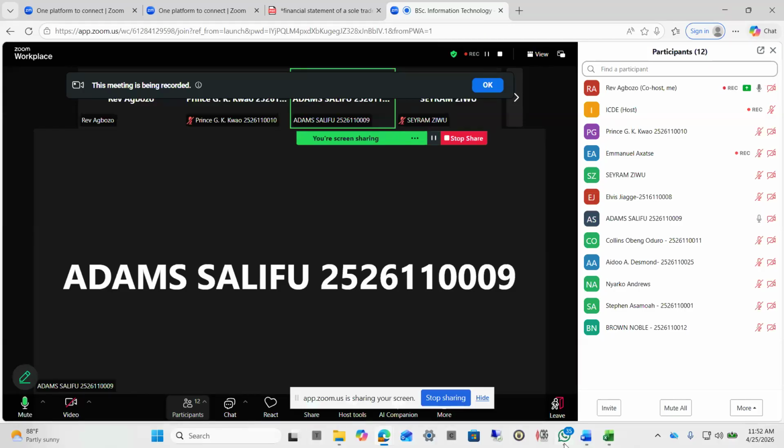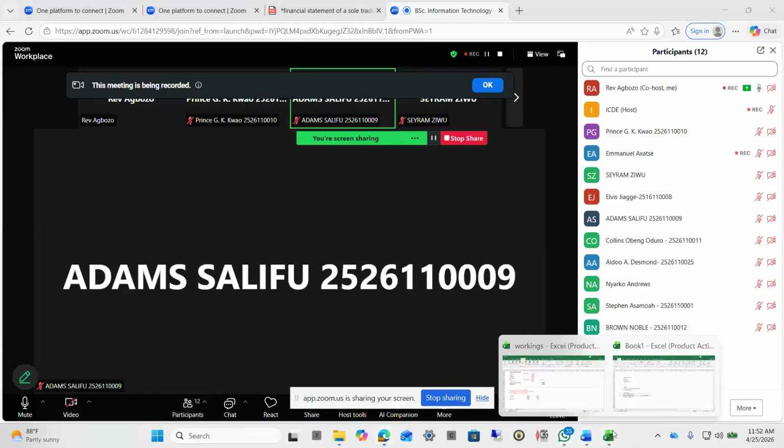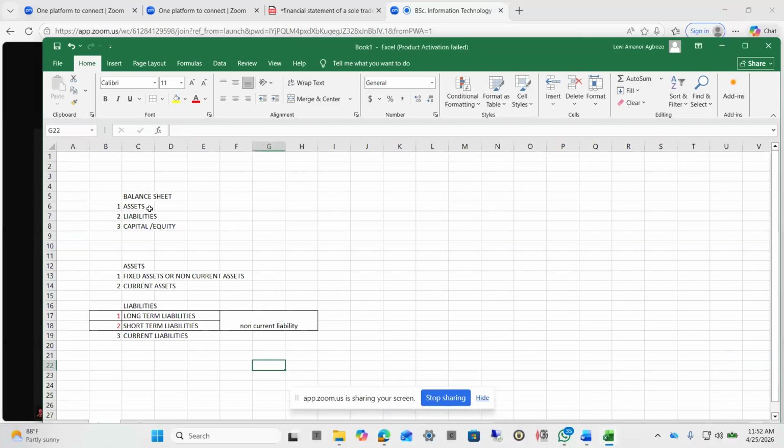So what we are trying to say is that the assets could have a non-current asset, which may not be tangible or could be tangible. Just bear that in mind. Then under the asset, we also have a current asset.